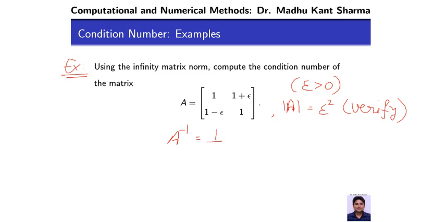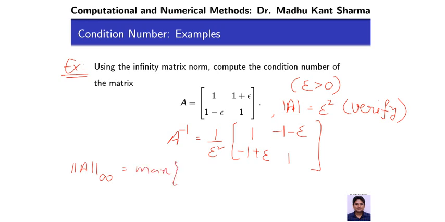So A inverse is 1 by epsilon square times the matrix with entries 1, 1 minus 1, minus epsilon, and minus 1 plus epsilon. Right, okay. So what is the norm of A infinity? It is the maximum row sum in magnitude sense. So the first row sum is 1 plus 1 plus epsilon, that is 2 plus epsilon.